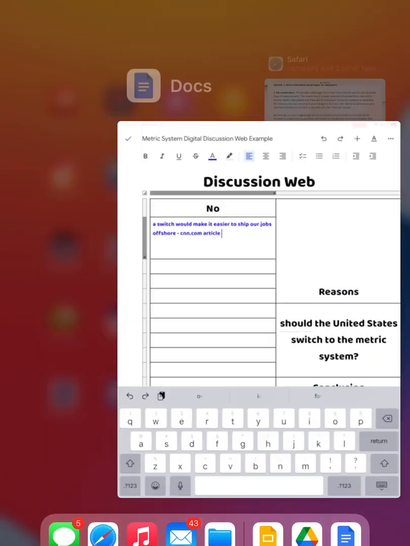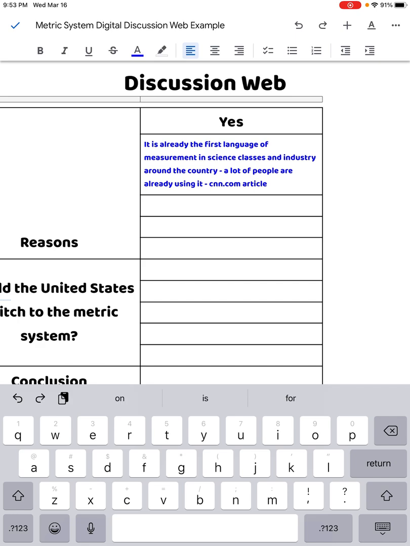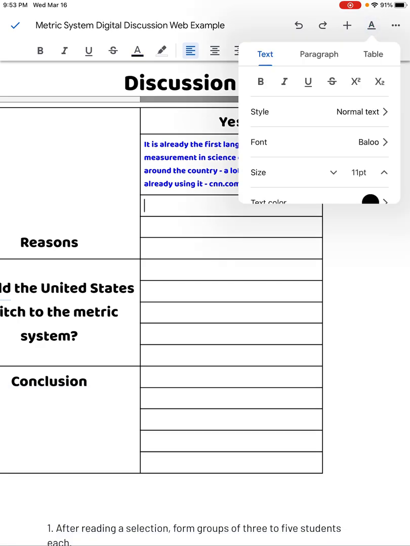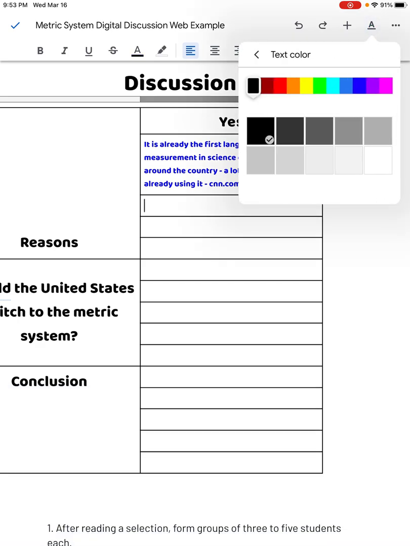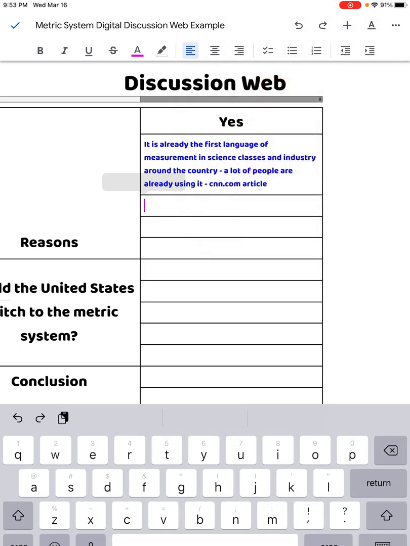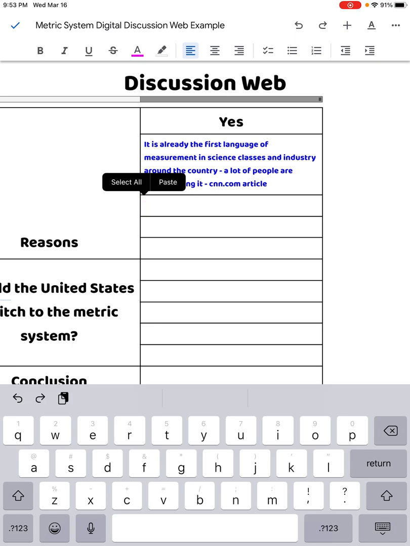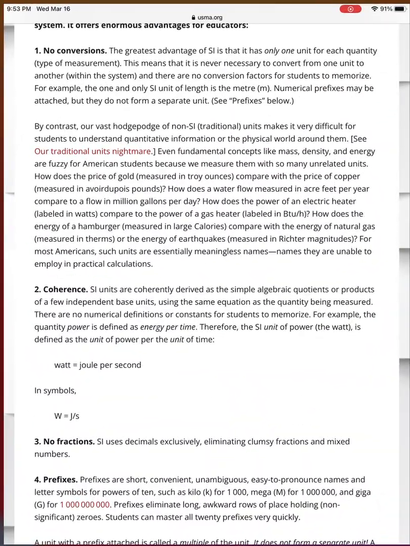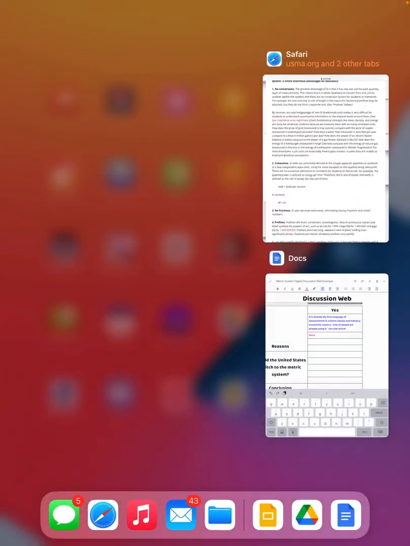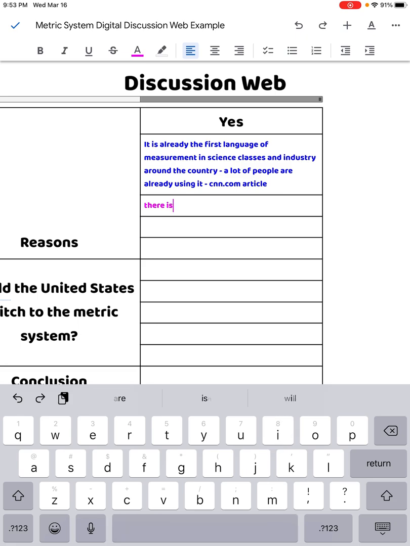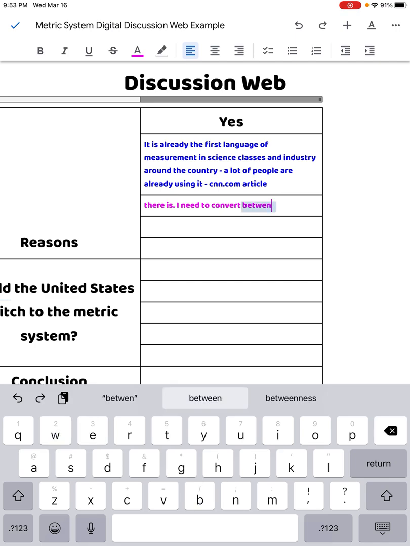So I'm going to go back into my discussion web. I'm going to go over to my yes side. And this is a new article, so I'm going to make this a new color. Let's go, how about pink? All right. And I'm going to say, how do I want to word this? We'll just say there is no need to convert between, and I know I have a spelling error there.